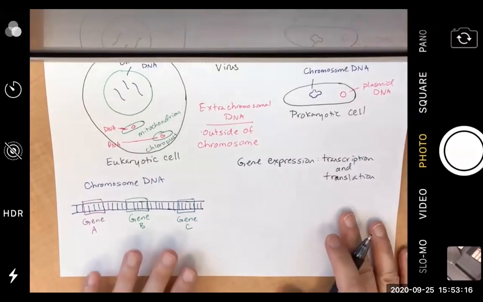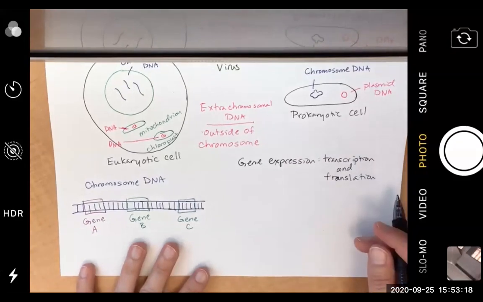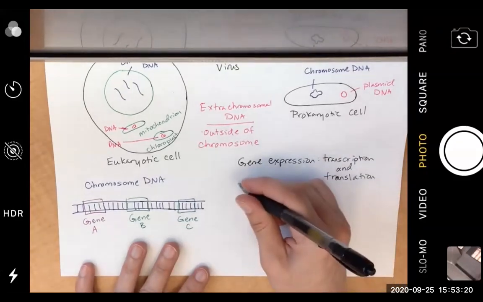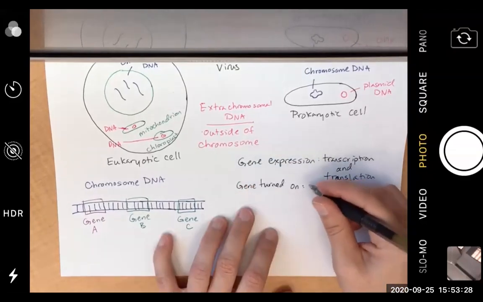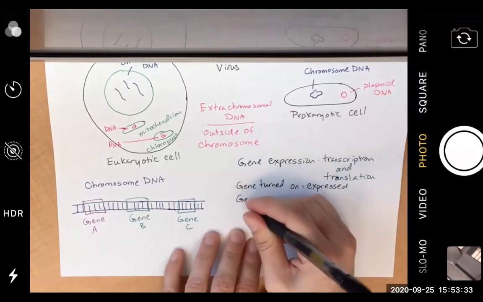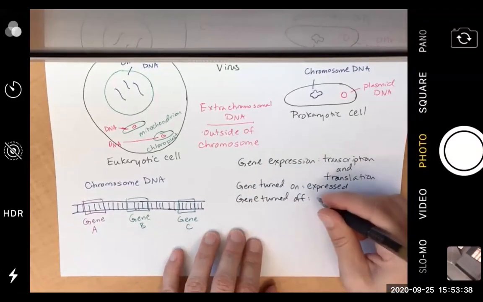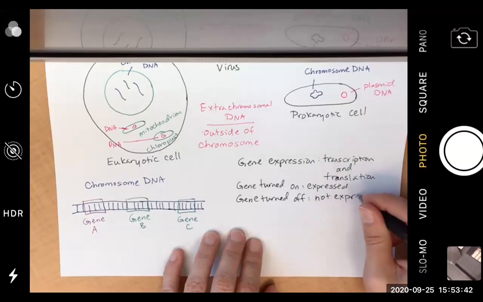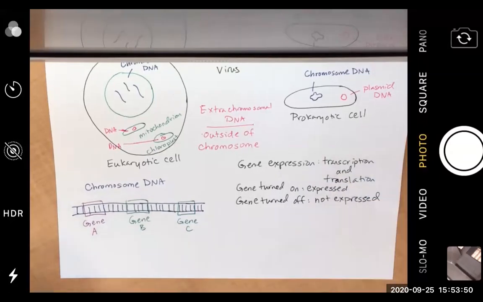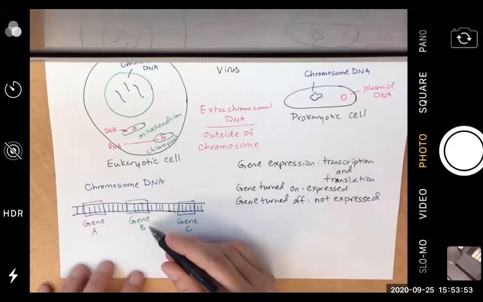So gene expression is the same thing as transcription and translation. And when a gene is turned on, we call it expressed. And when a gene is turned off, it is not expressed, meaning it's not being transcribed or translated at that time. So let's follow gene B for a moment.